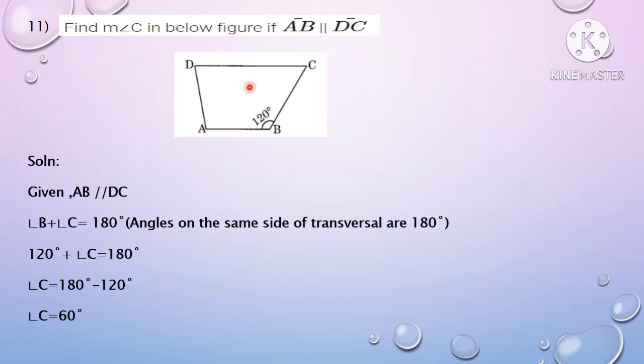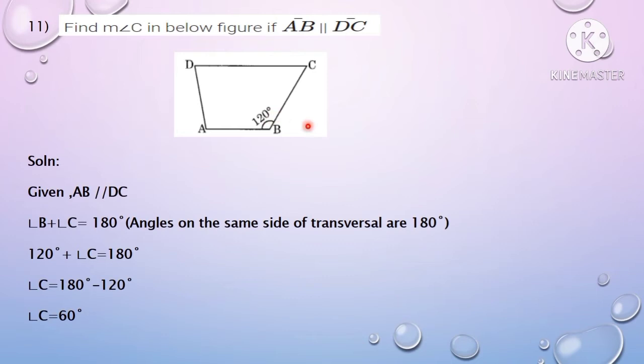So this is DC, one parallel line, AB another parallel line, and this CB is a transversal. Sum of the angles on the same side of a transversal. So here which angles will it be? Angle B and angle C. So angle B plus angle C is equal to 180 degree. We can say that.